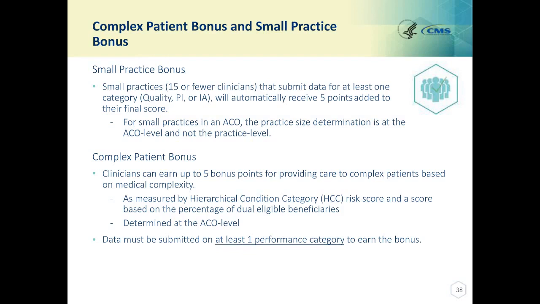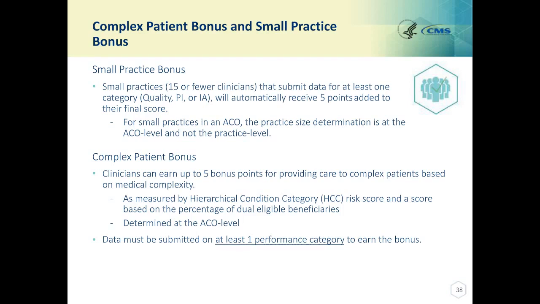In this case, it would be quality or PI. You don't really submit anything for IA since that score is automatically assigned. These small practices will automatically receive 5 points added to their final score. For small practices in an ACO, the practice size is determined at the ACO level, not the practice level.